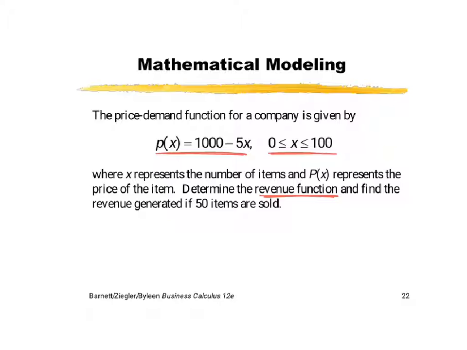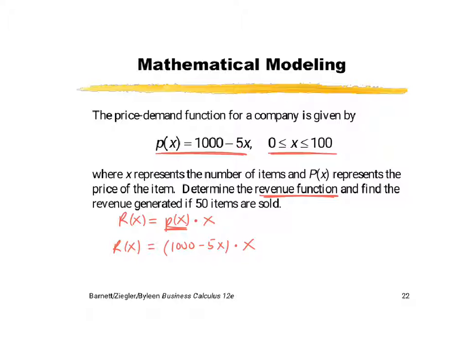So the revenue is found by, and we'll call this R of x, the price of the item times the number of items sold. Okay, so if you notice here, we're given a price function above, 1,000 minus 5x, and so our revenue function is going to be found by 1,000 minus 5x times the number of items shown times x.